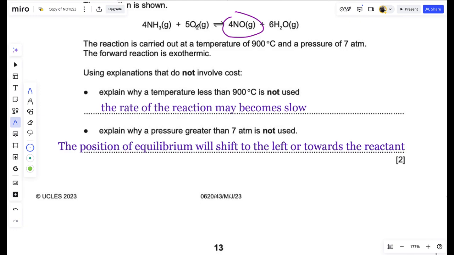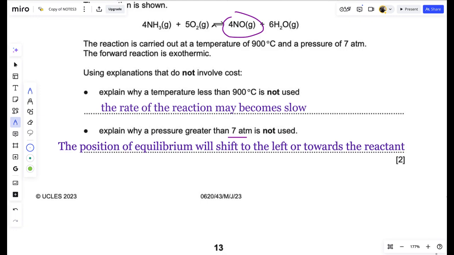So when you go above 7 atmospheres, it will shift the equilibrium position from favoring the product to favoring the reactant. Meaning, you use the ingredient to make something, and the something is going back to the ingredient.